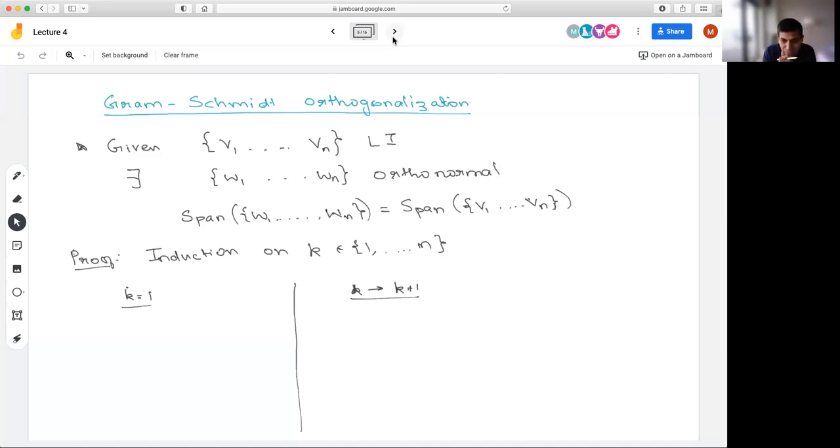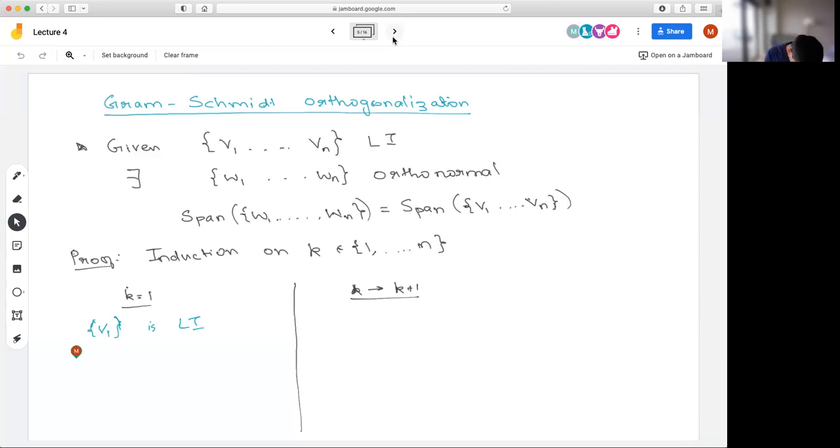So I'm given v1. It's linearly independent. Well, it's just one vector, but linear independence just means that it's a non-zero vector. So it's not equal to 0.